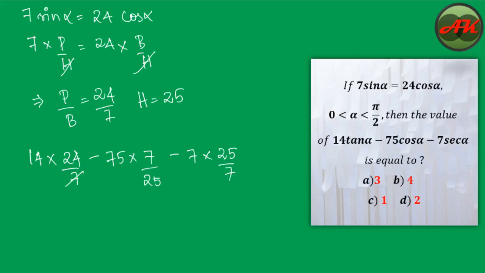Now simplifying, 7 ones are 7, 25 threes are 75, and 7 and 7 get cancelled. So 24 into 2 is 48, minus 21 is 27, and 27 minus 25 is 2. Altogether we get 2 as the answer. So option D.